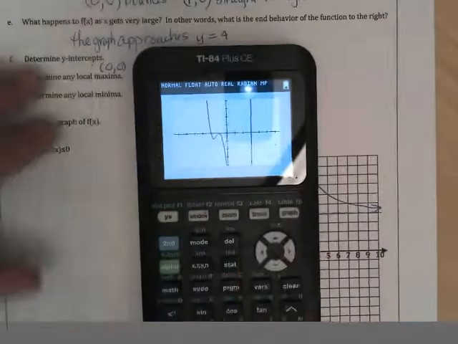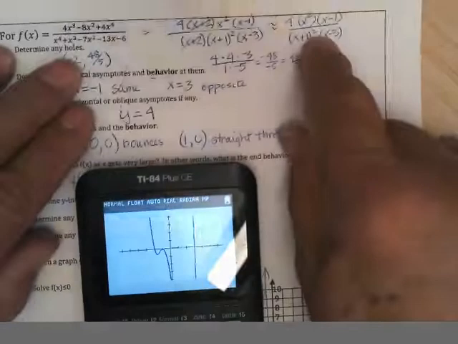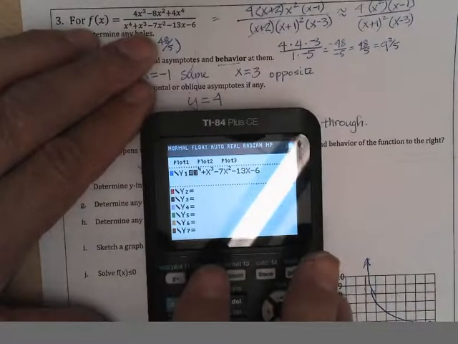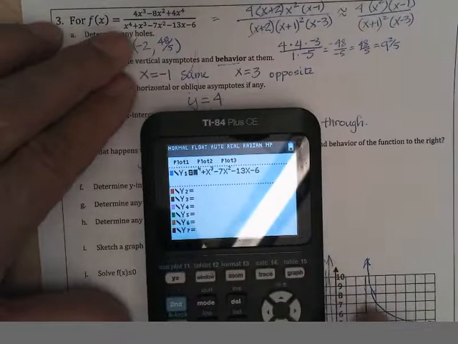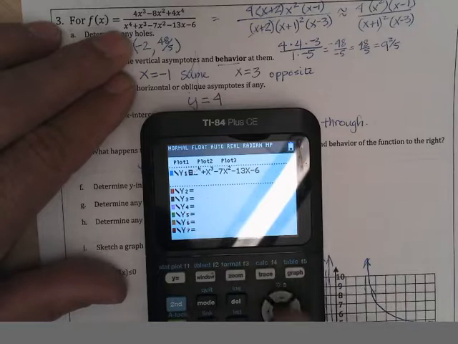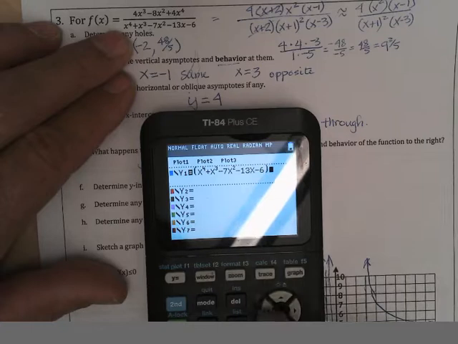So now let's go and actually graph. And some of you graph the reduced form, so you wouldn't see some of the stuff. I recommend that you graph the original equation so that you're not making a mistake. So that's the denominator. I don't think I can, well, let's see. Second insert, I can put a parenthesis there. And I can put a parenthesis there, so now I can insert the numerator in front of this.